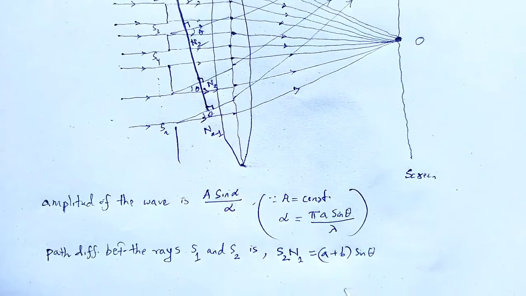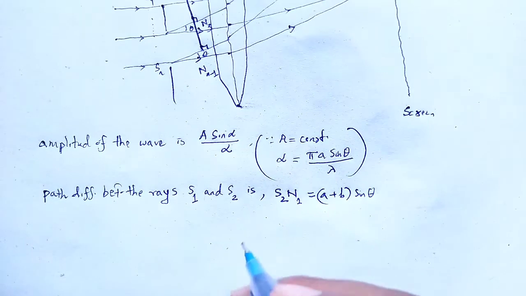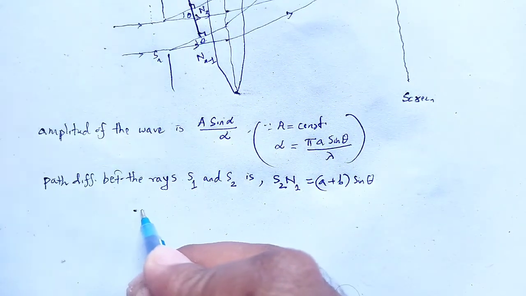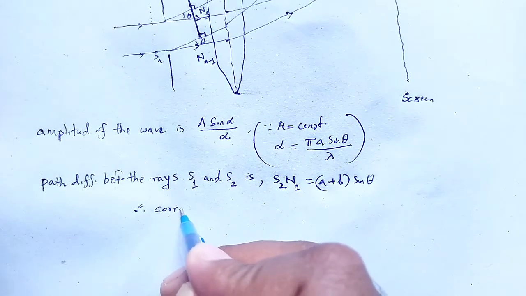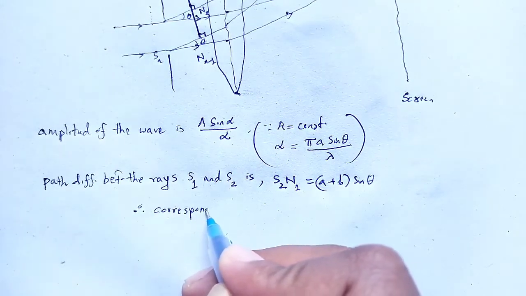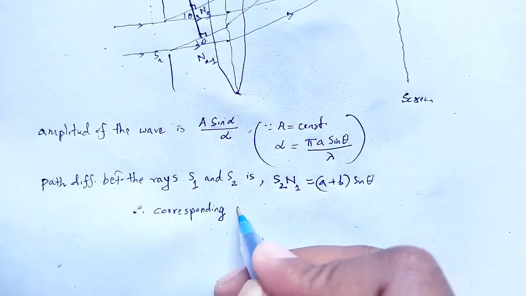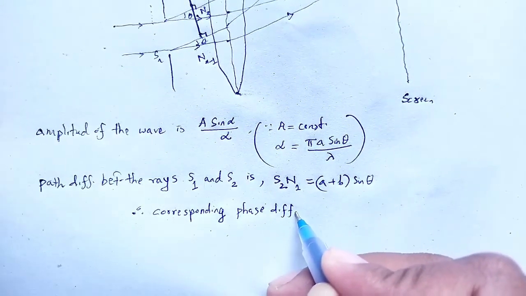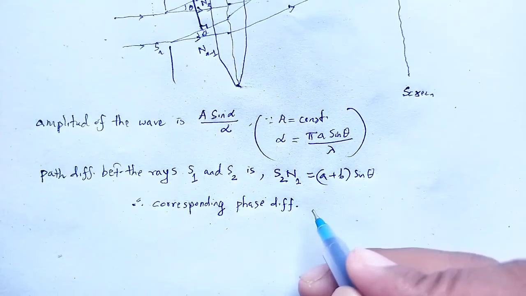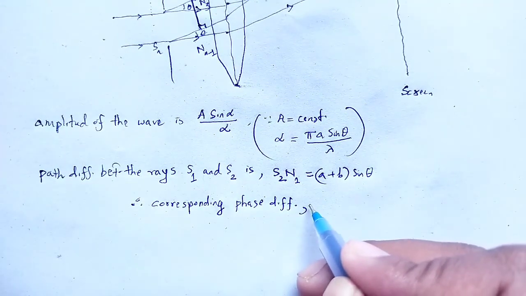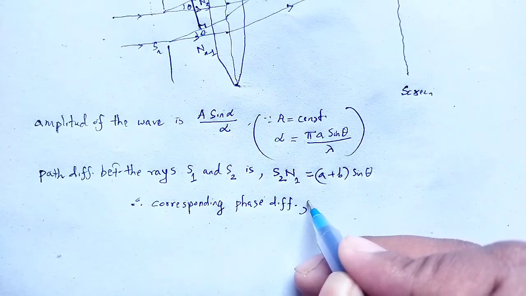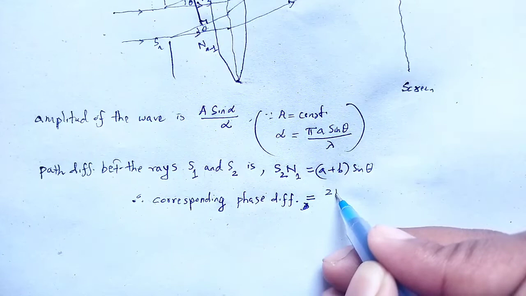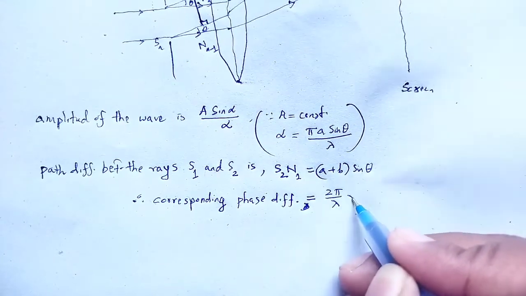Therefore, the corresponding phase difference is equal to 2 pi by lambda into path difference.